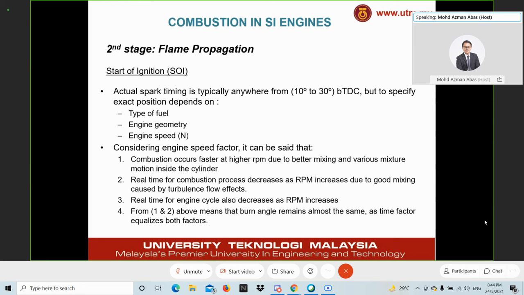The real time for the combustion process decreases as RPM increases, also due to good mixing caused by turbulence flow effect. So the real time for engine cycles also decreases as RPM increases. From these two factors, the burn angle remains almost the same, as the time factor equalizes both factors.